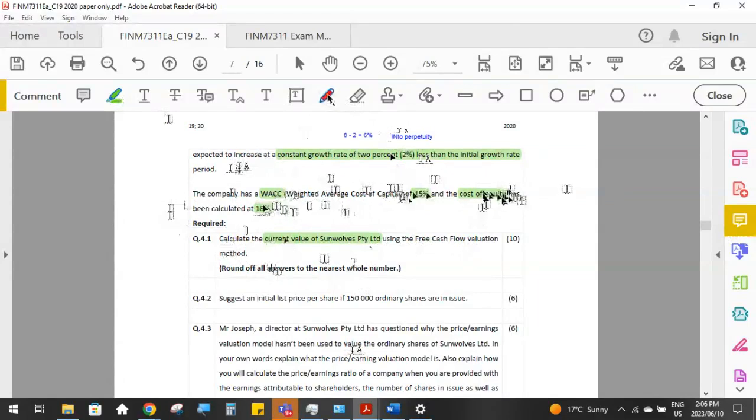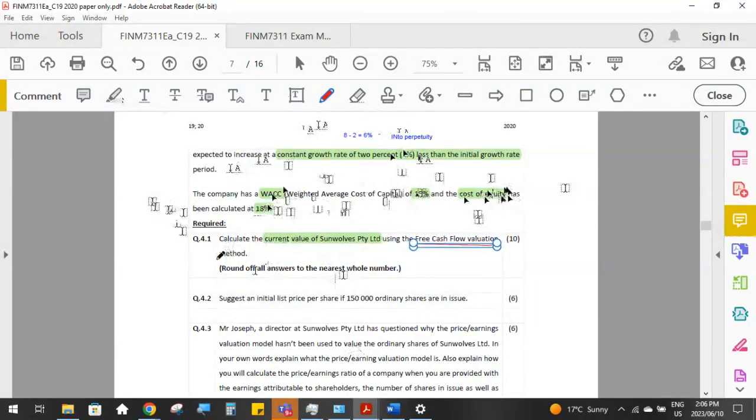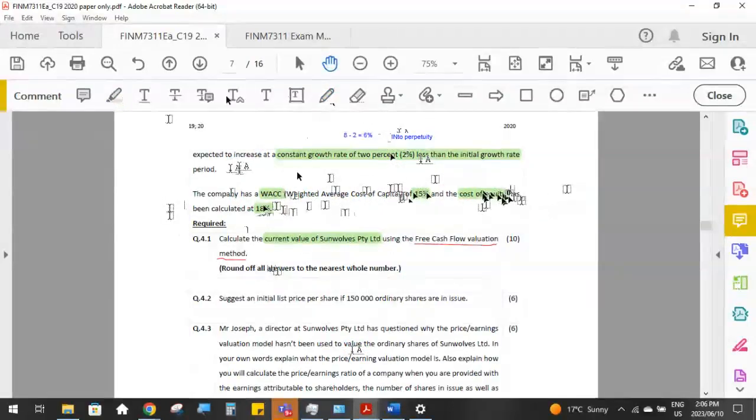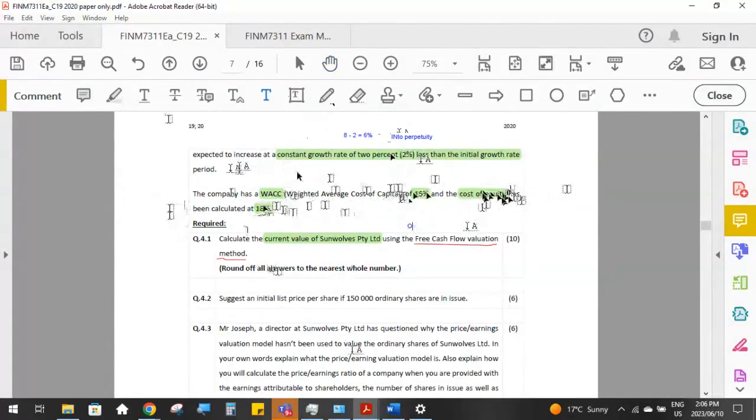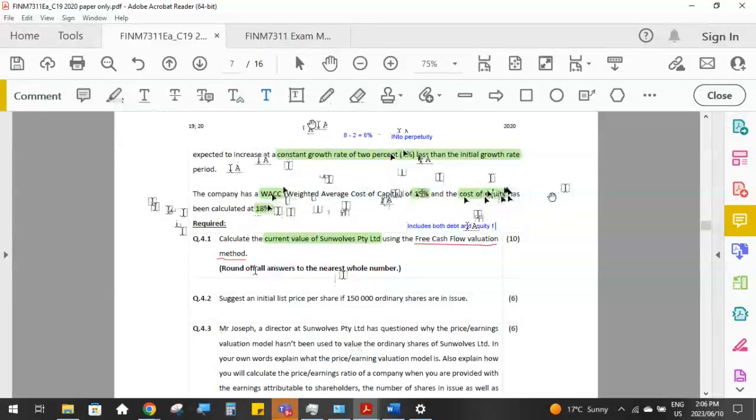And that's important that you know that free cash flow valuation method, that is what we calculate with this method, is the entire company valuation, which includes both the debt and the equity value of the company.